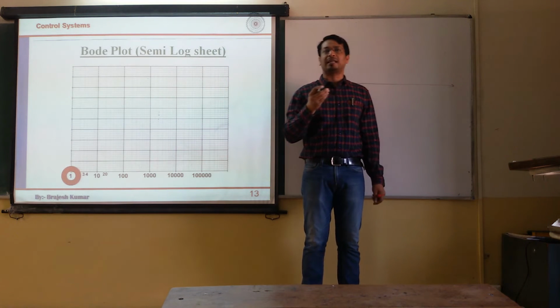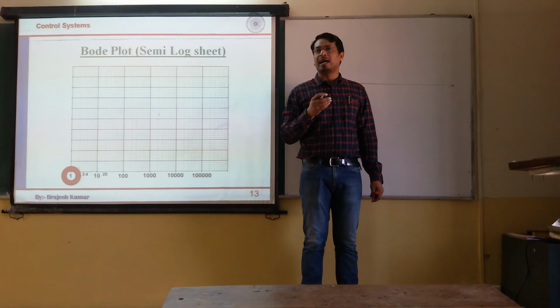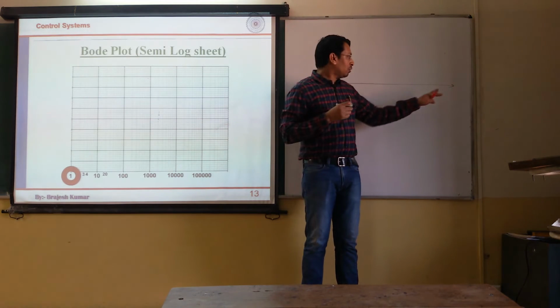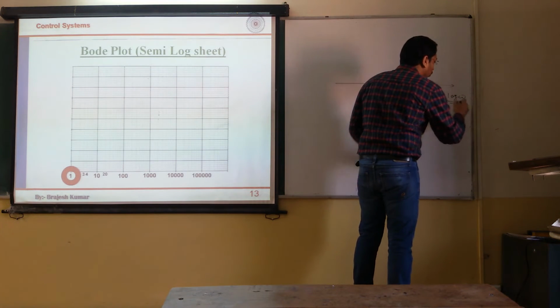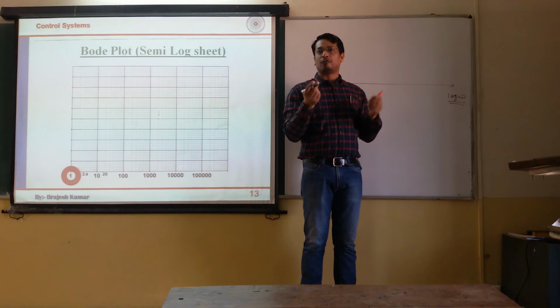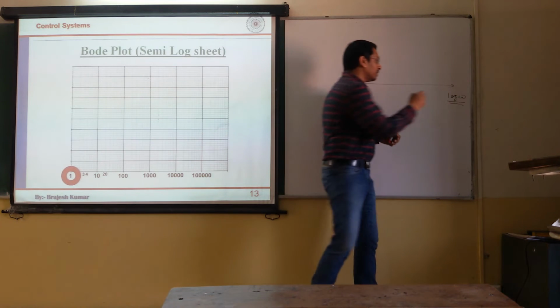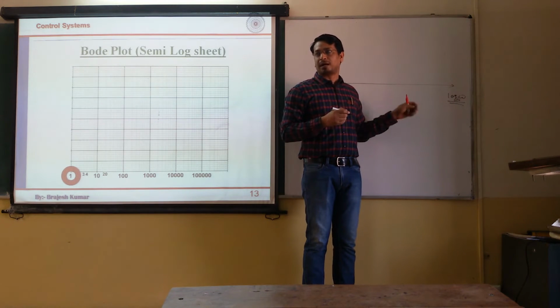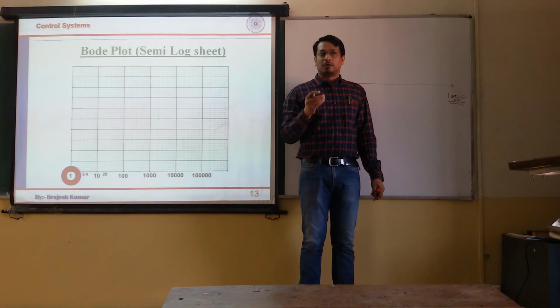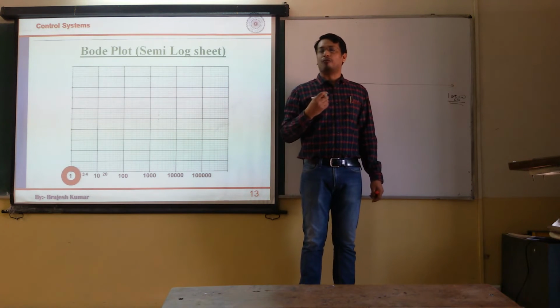We are interested in the angular frequency omega of the input, so it will automatically give log of omega. No need to put the value of omega and then find the log. Just put the value of omega on the semi-log graph sheet, and it will automatically be expressed according to the log of omega.